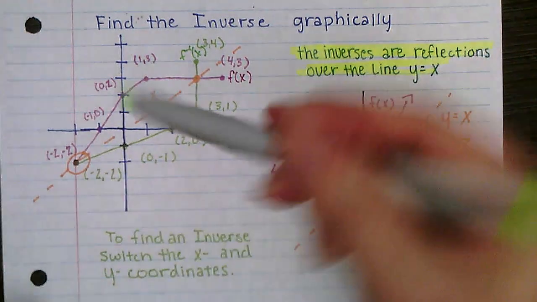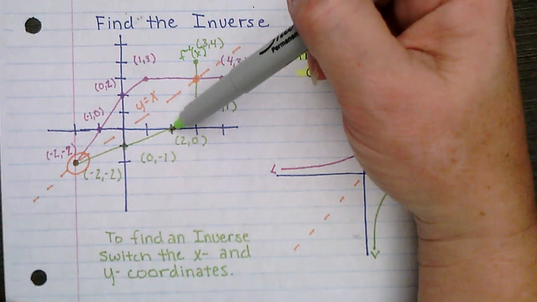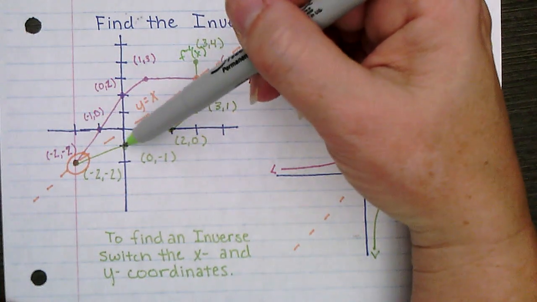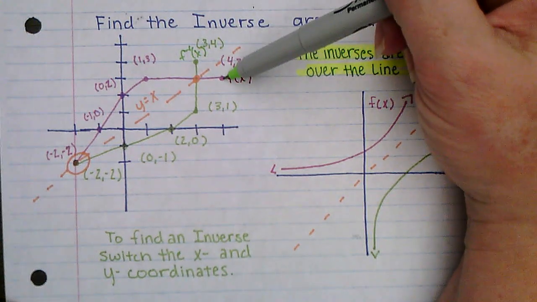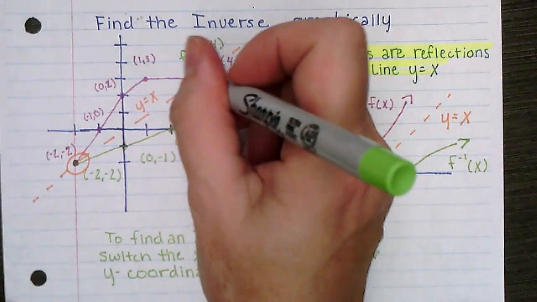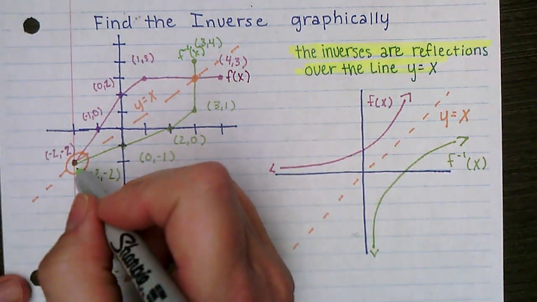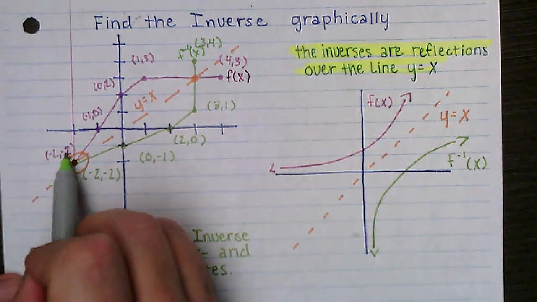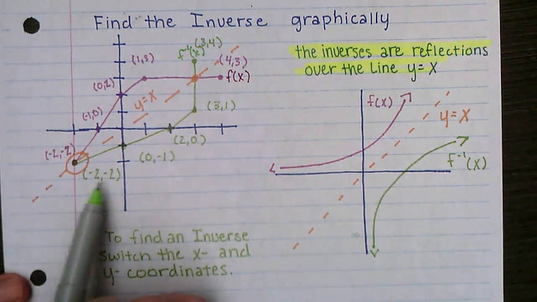So each ordered pair switches the x and the y's. So 0, 2 would become 2, 0. Negative 1, 0 becomes 0, negative 1. 3, 4 becomes 4, 3. What's interesting is the places where it crosses the line y equals x, those two functions intersect each other. So negative 2, when you switch negative 2, it stays negative 2.